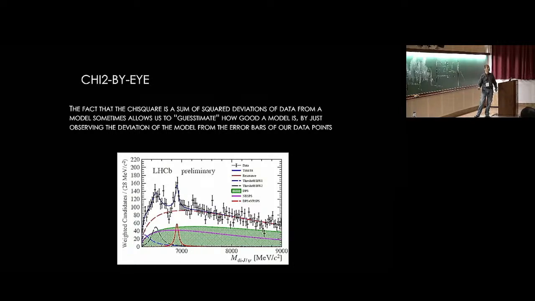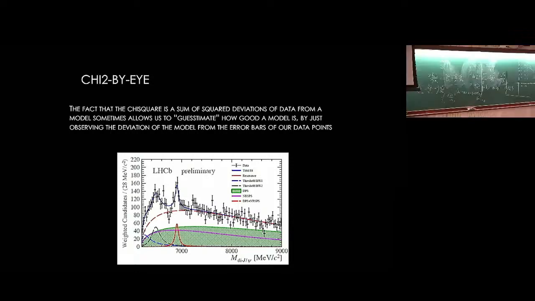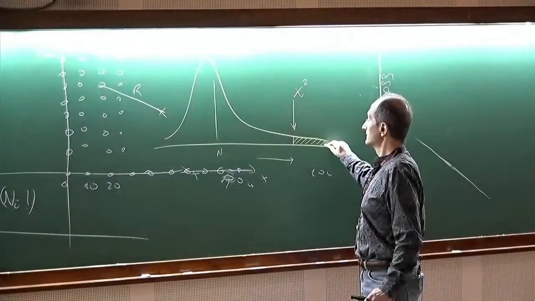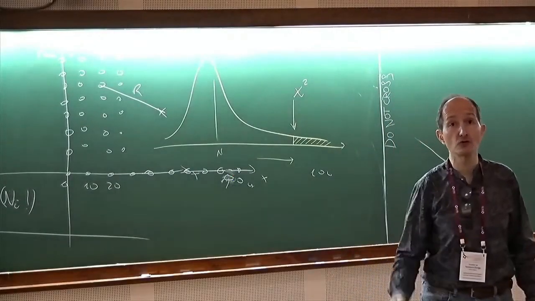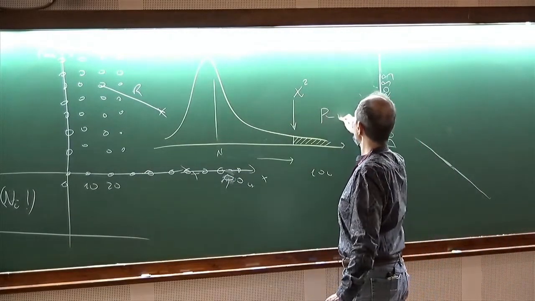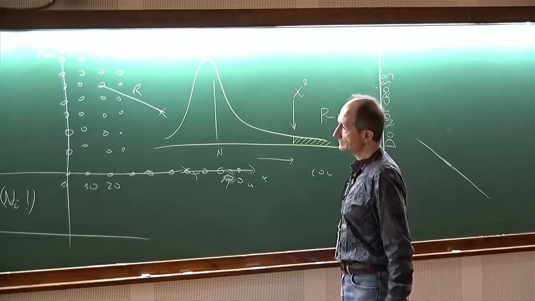What is the probability that I get a chi-squared value at least as bad as the one that I got? Now, bad means far from the mean. So if I have found this, what I will do is integrate the tail of the distribution from that point to infinity. That will give me a p-value, okay?